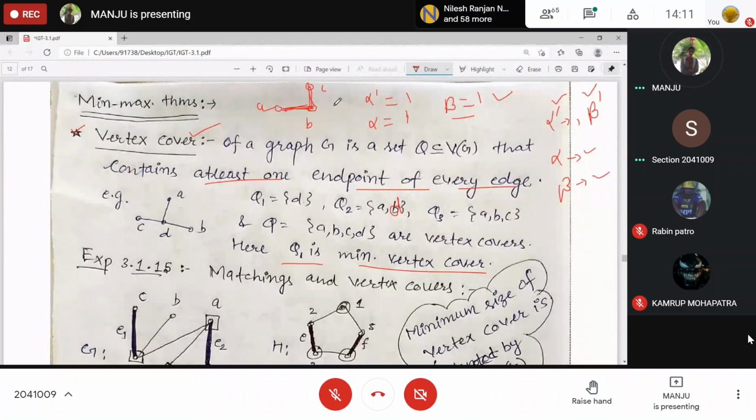Does there exist 2 independent vertices which are not adjacent? Yes, A and C. Can we take 3? No, right? So for P3 it will be 2, for P2 it is 1. Clear? Got it?